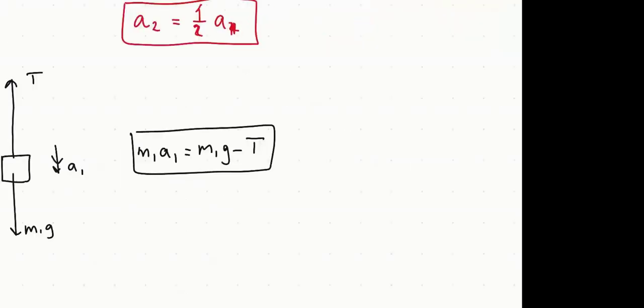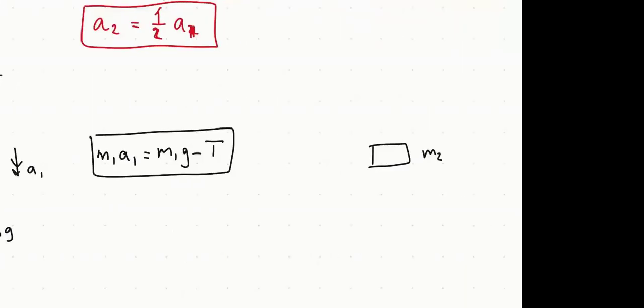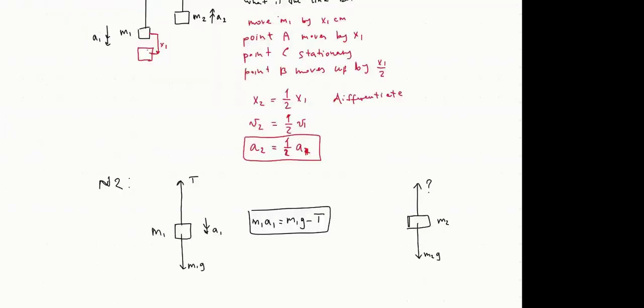Okay, so now the second mass, m2, we have m2g. Now, this is a question mark because it's not tension, it's a different rope, right?